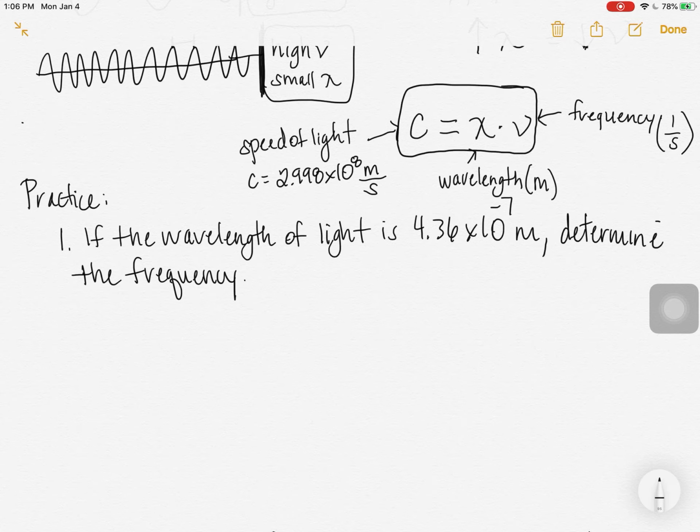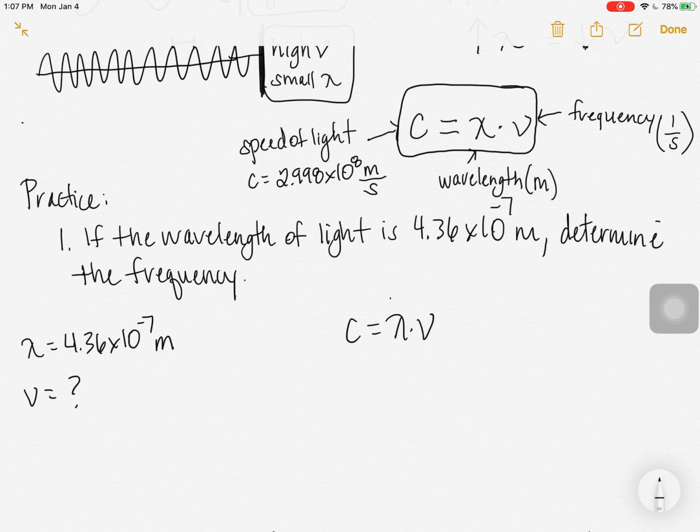So it says if the wavelength of light is 4.36 times 10 to the negative 7 meters, determine the frequency. So let's keep track of what we have. We know wavelength. And I don't know frequency. That's what they want me to find. Well, so far, I only have one formula to work with, and that's this right here.